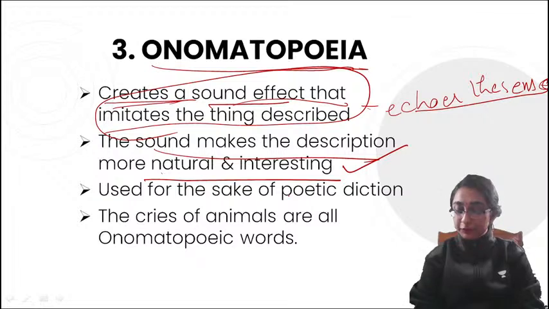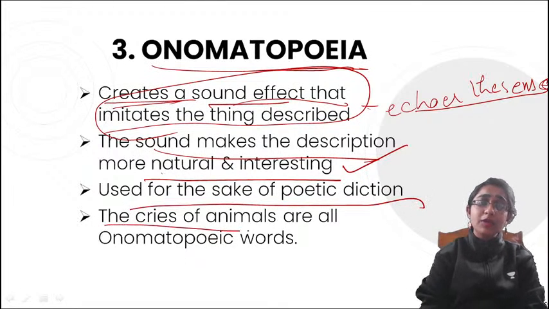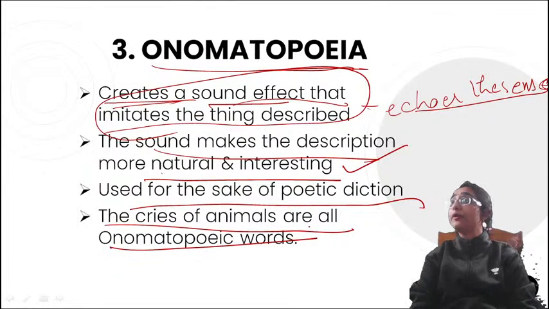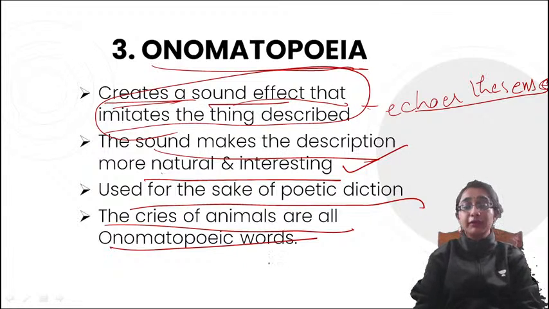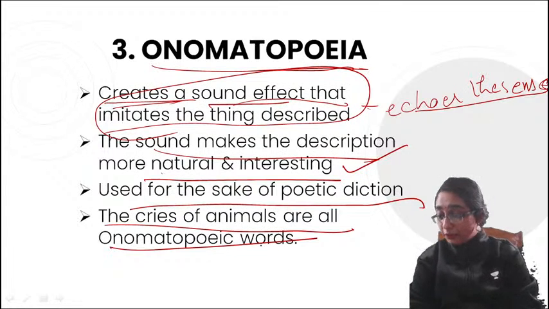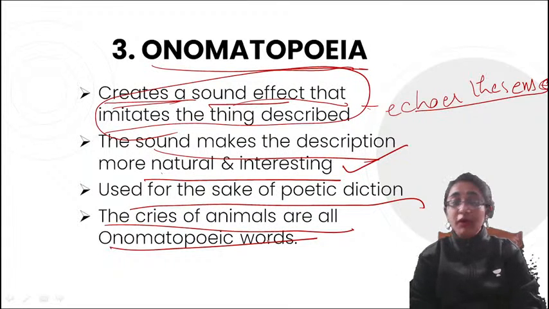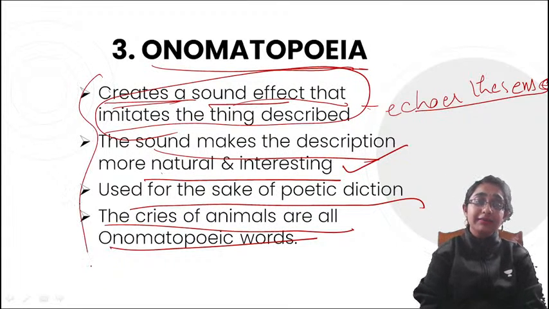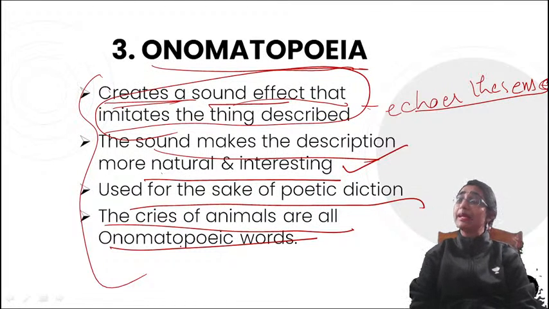So that is onomatopoeia. Used for the sake of poetic diction, the cries of all animals are onomatopoeic words. Very good example. The hooting of an owl, the cawing of a crow, the mewing of a cat. Okay. So all these examples are the examples of onomatopoeia. Any kind of sounds produced by animals are mainly the examples.